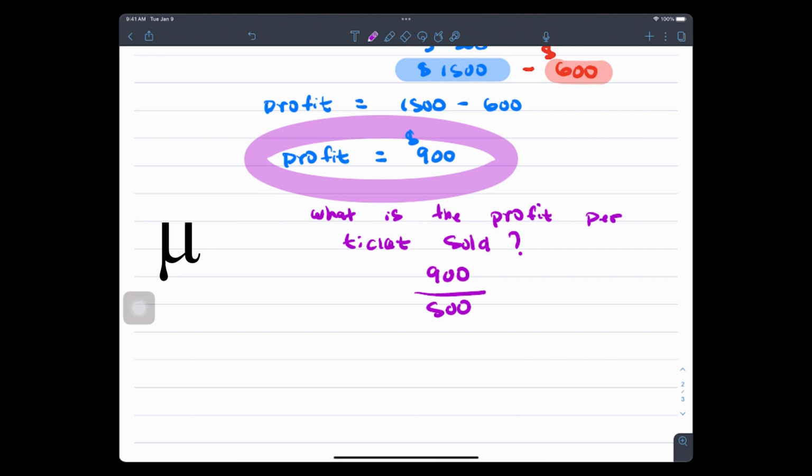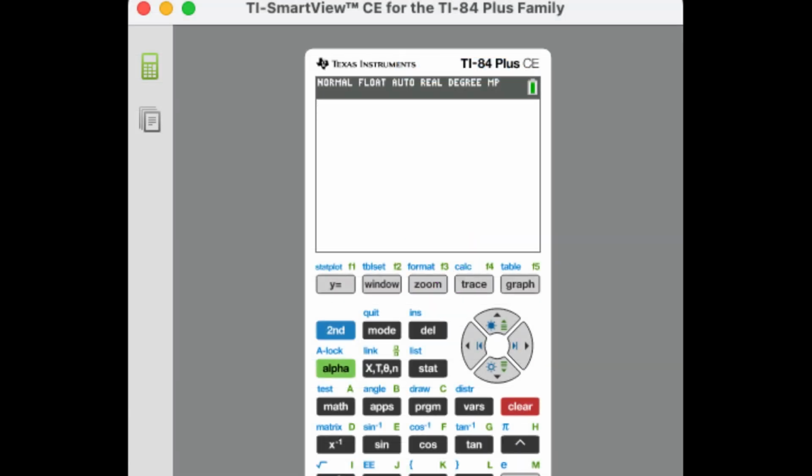So if I go to the TI calculator here, let's find the TI. If we take the $900 divided by the number of tickets that we sold, that gives you a unitized kind of number. The profit per ticket sold is 1.80.